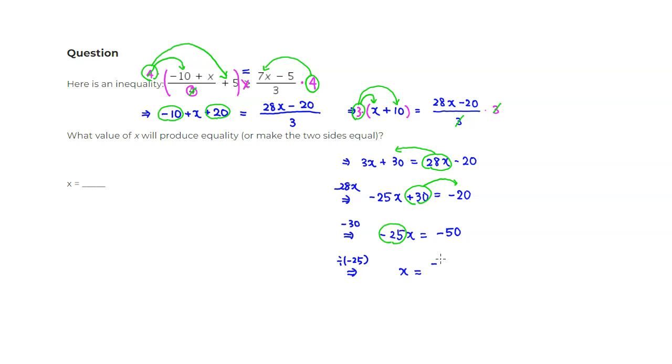And negative 50 divided by negative 25: the negatives cancel out, negative 1 divided by negative 1 is a positive 1, and 50 divided by 25 is 2. So x is equal to positive 2.